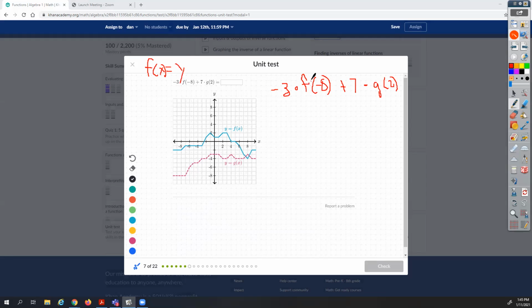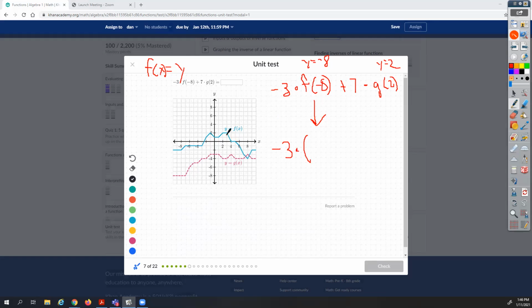Well, in other words, what this is telling me is when x is equal to -8, and this one is telling me when x is equal to 2. In this case, we're looking at -8 on the function f, which is the blue one. So we're going to replace this here.